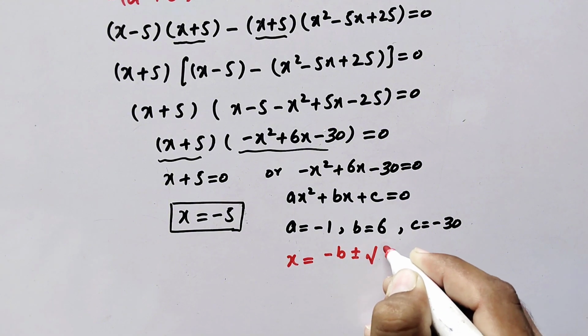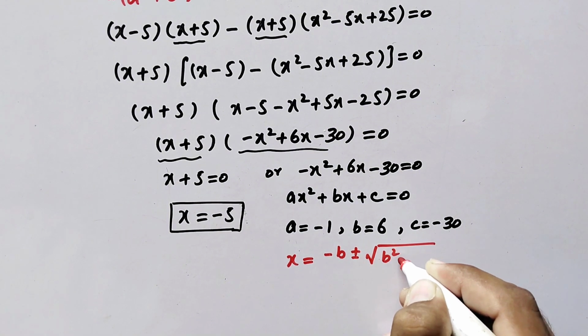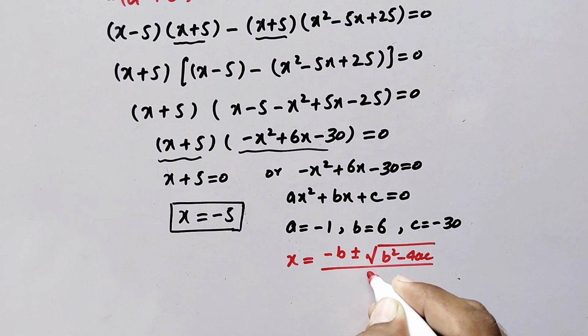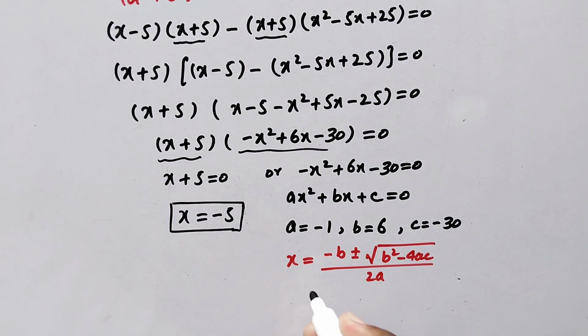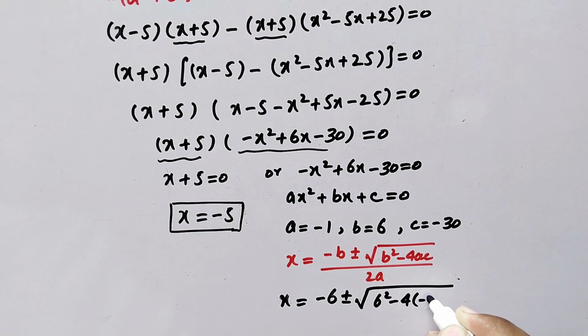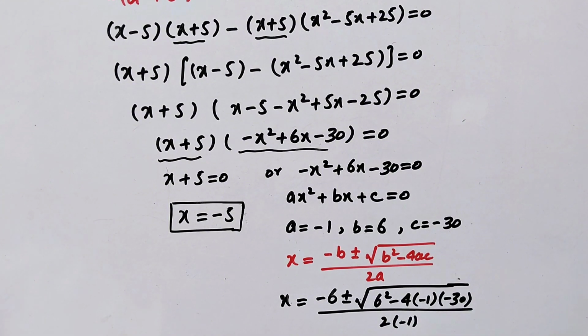and the quadratic formula for the value of x will be equal to, as we know that, minus b plus or minus root of b square minus 4ac over 2a. So now by putting the values of a, b and c here, x will be equal to minus 6 plus or minus root of 6 square minus 4 times negative 1 times negative 30 divided by 2 times negative 1.